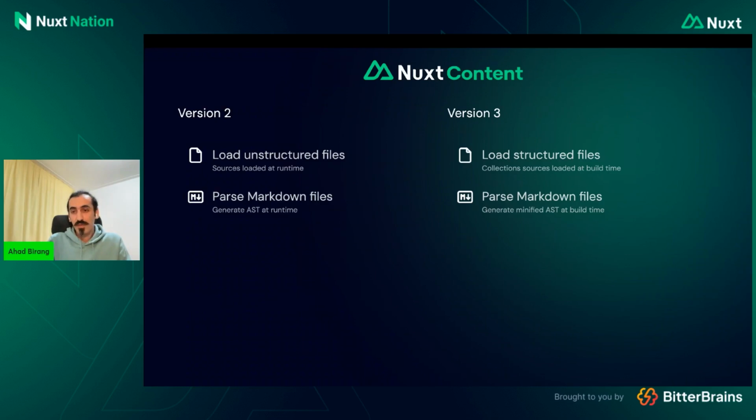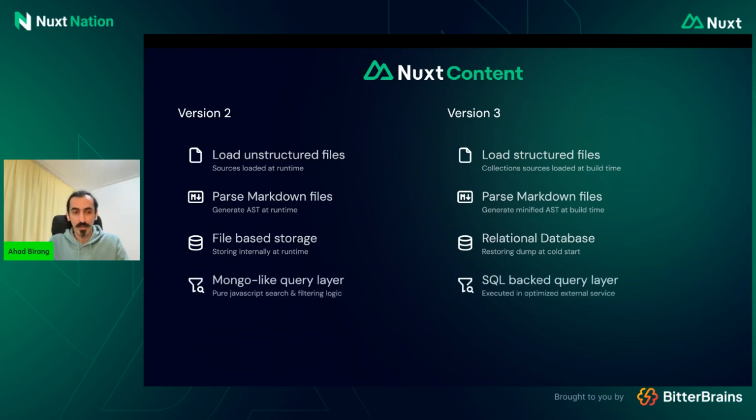Also, parsing logic moved out of the runtime. And with our minified AST, the size of contents is smaller and the payload of the website is smaller. With the use of relational databases, there is no need to access the file system and store data in the server bundle, so the server bundle will be smaller.